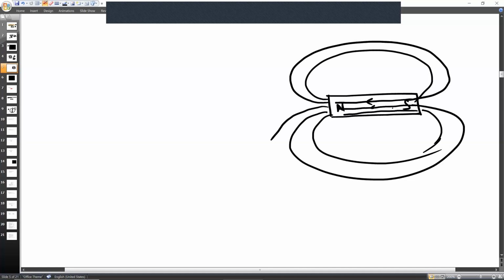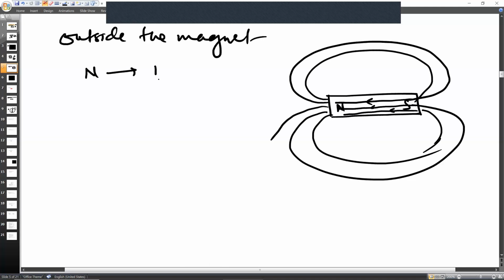This is very important, that you need to keep in mind, that outside the magnet, they move from north to south, and inside the magnet, they move from south to north. Okay, and they never intersect each other.